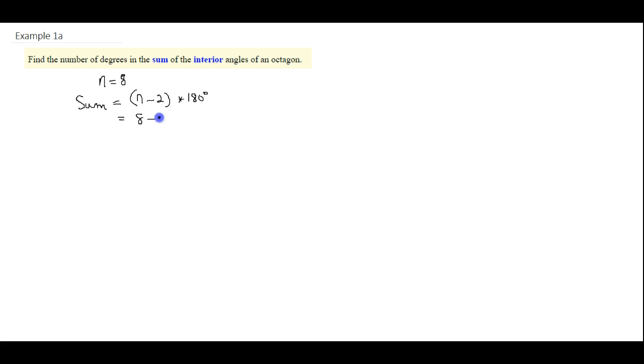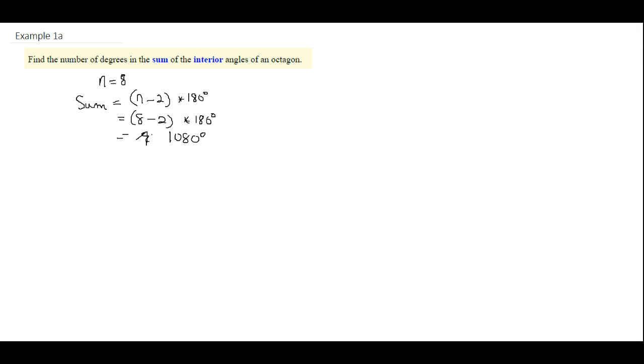So 8 minus 2 multiplied by 180 degrees. And we get the sum of the angles. I just pull out my calculator. And that's 6 times 180. And that gives us 1,080 as the sum.